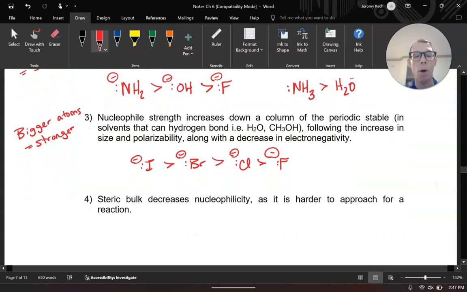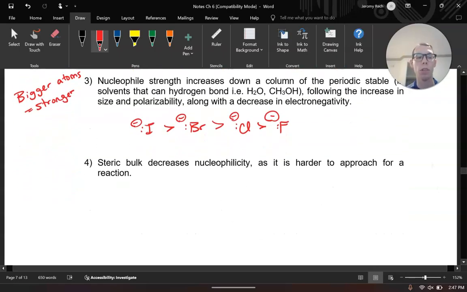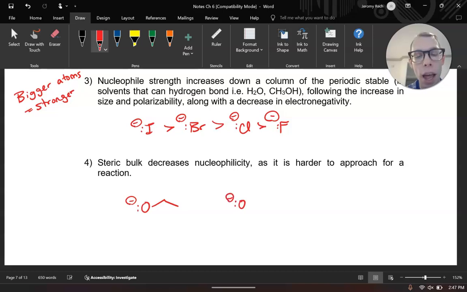So steric bulk actually makes things worse nucleophiles. If you consider an oxygen, let's consider an ethoxide, so we have an ethyl group and then an oxygen, and we compare that to a tert-butoxide, where you have a lot of big, bulky extra stuff. That extra bulk is going to get in the way.